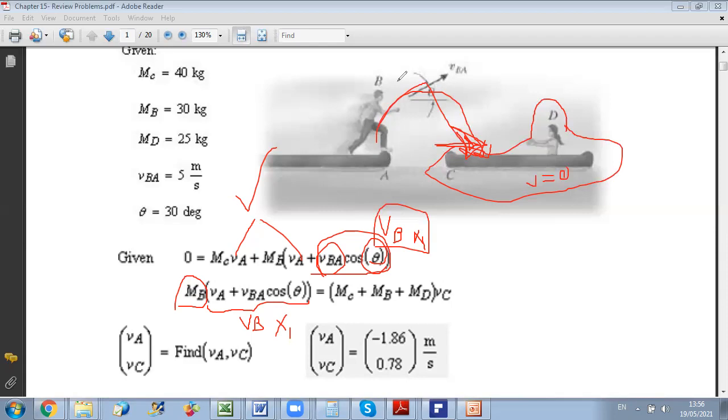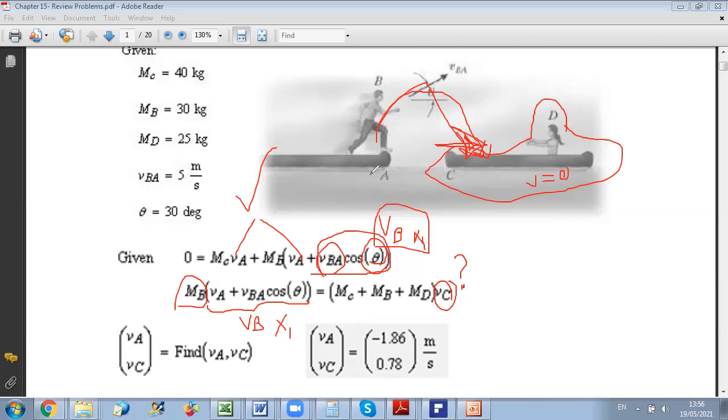So at the final state B, C and D will be one object with one common velocity. So the final linear momentum will be mC plus mB plus mD times vC. The only unknown in this equation is vC, so I can get the value of vC.